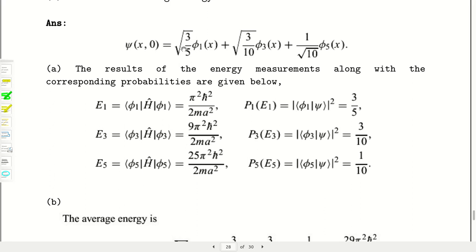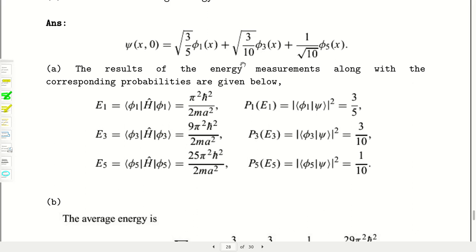See, C1 is what? It is not written elaborately. I will suggest you do this sum with many more steps, so that you can involve yourself in this calculation. See, C1 is root under 3 by 5. C2 is root under 3 by 10, and C5 is 1 by root 10.